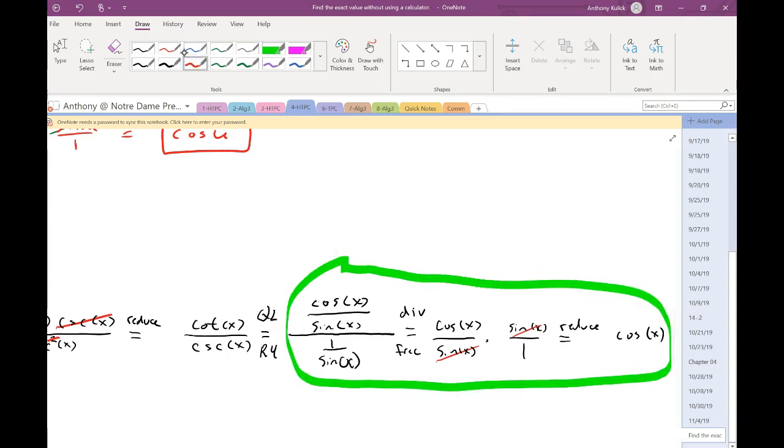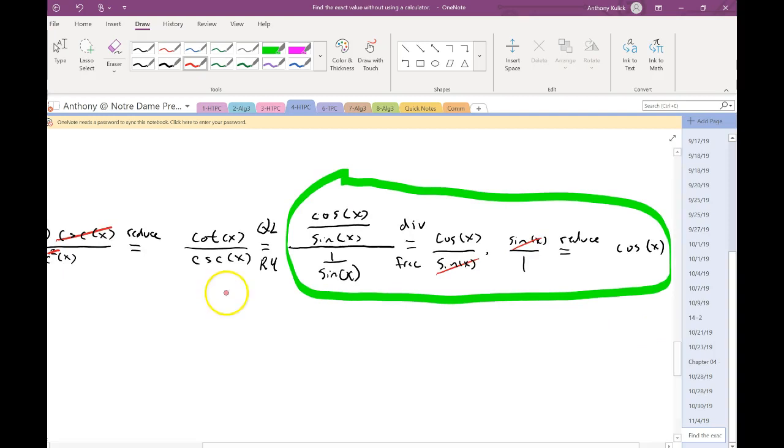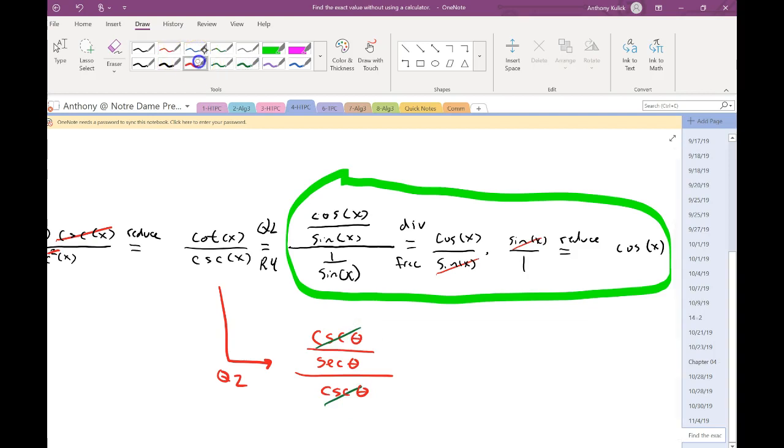I want to point out to you that there's a little bit of a quicker route than doing this. If I had instead used that cotangent is cosecant over secant, that's the other version of Q2, I can reduce, and I'm left with 1 over secant, which is the same thing as cosine.